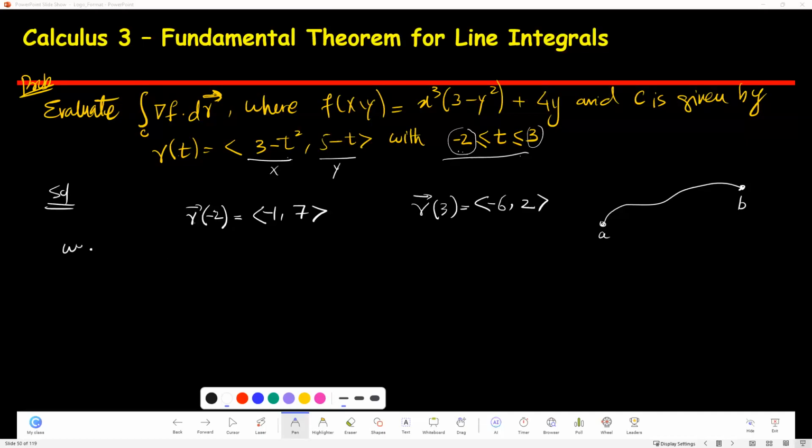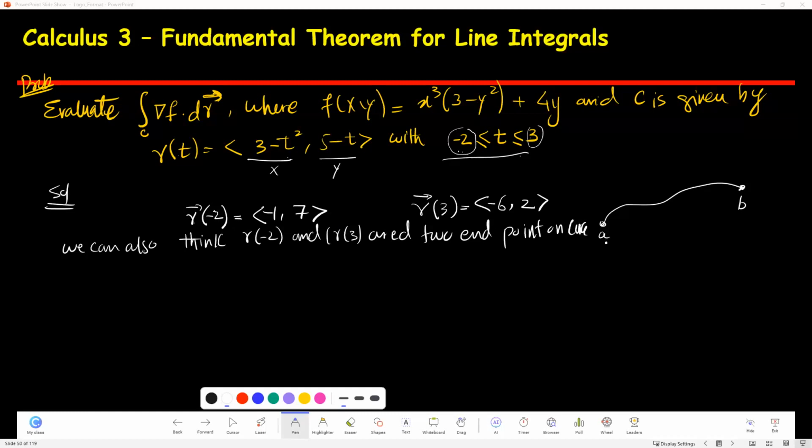We can also think r(minus 2) and r(3) are two coordinates, two points on the curve. So really I can say this a is my first coordinate, and which one is that? Minus 1 3. I can also write here minus 1 7, and the second coordinate is minus 6 2.